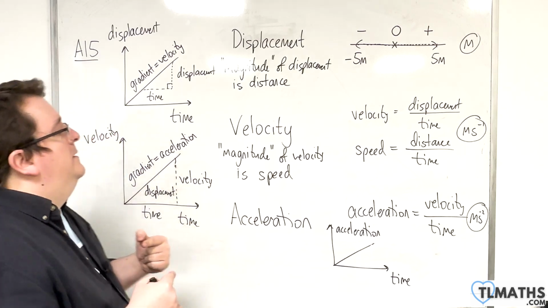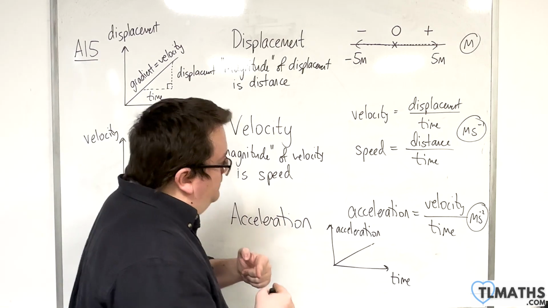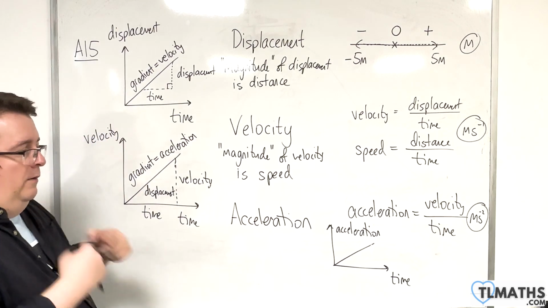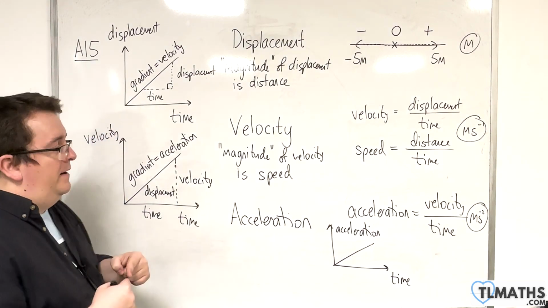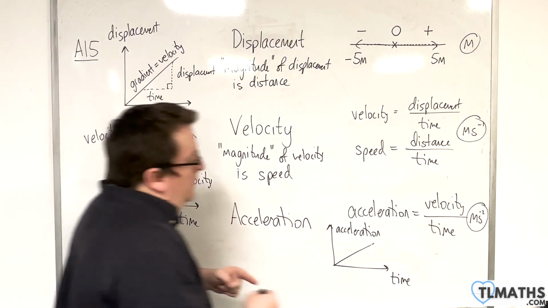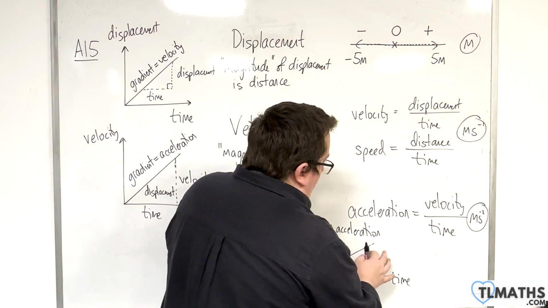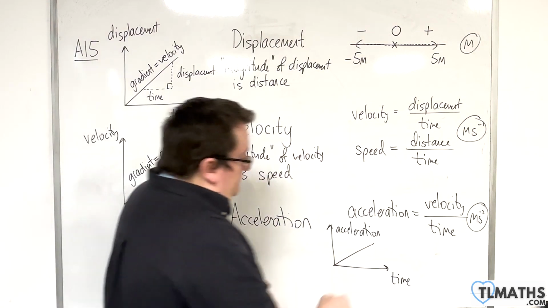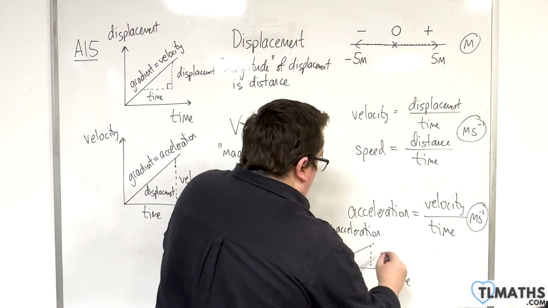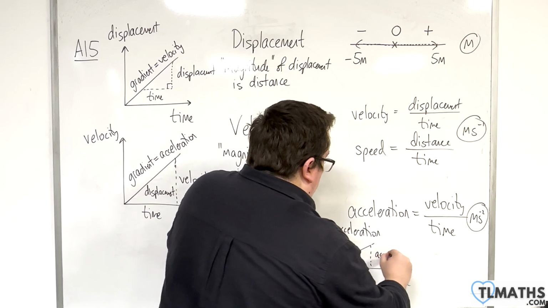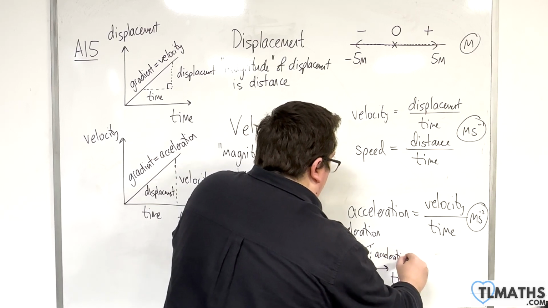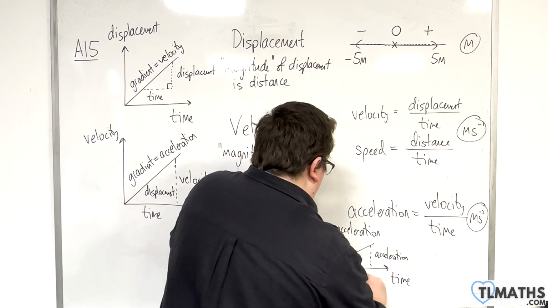I'm not going to go into what they are and how to interpret them. So you could look at the gradient, you could look at the area. The area would be a change in acceleration over time.